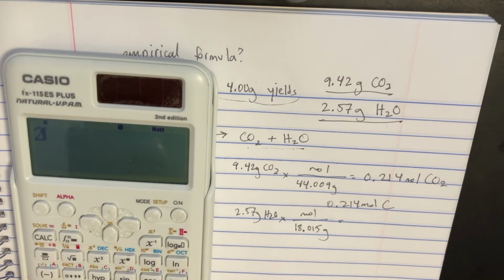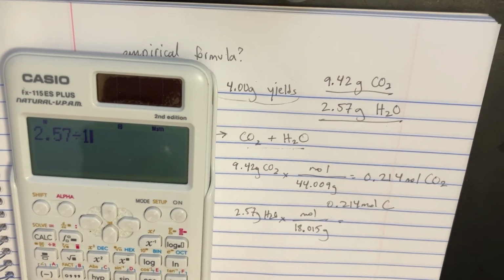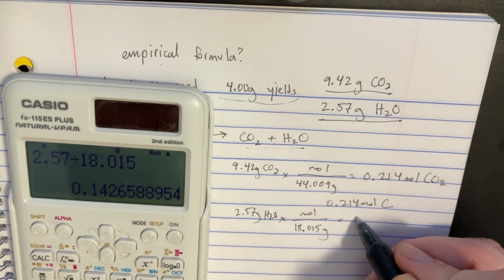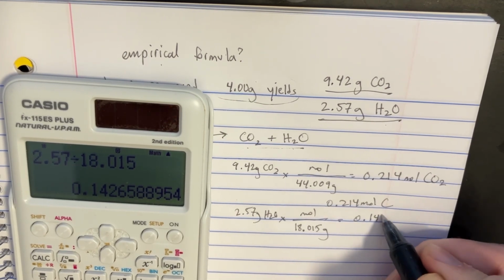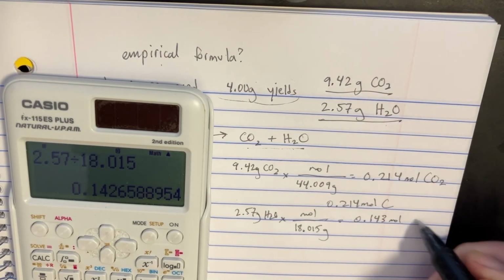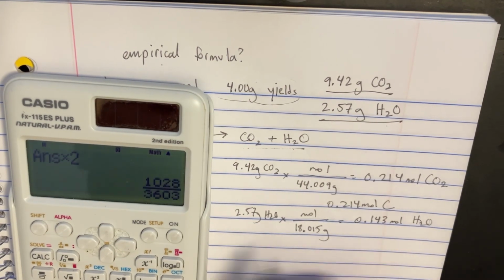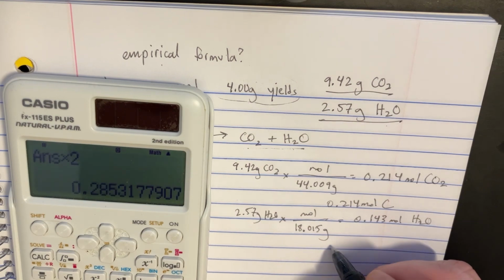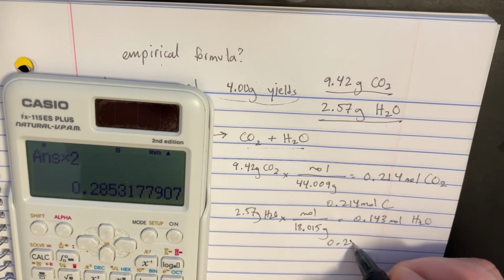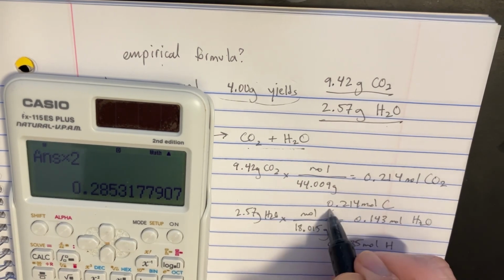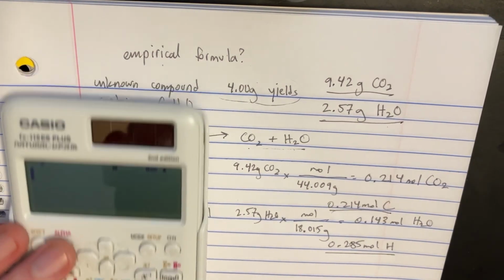So 2.57 divided by 18.015 makes 0.143 moles of H2O. Now remember, we have to multiply this number by 2 to figure out how many moles of H we have. So we technically have 0.285 moles of H. So now we have the moles of C and the moles of H.